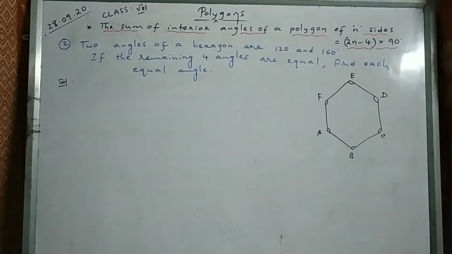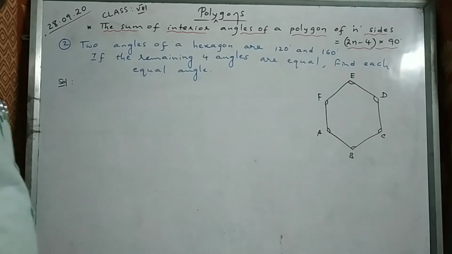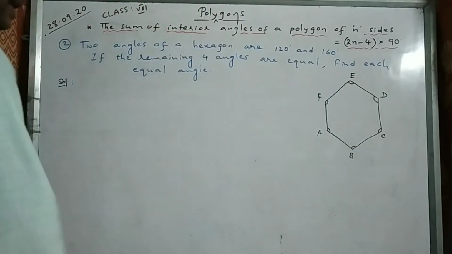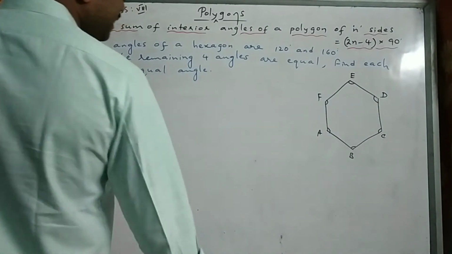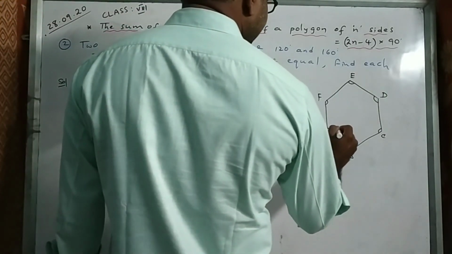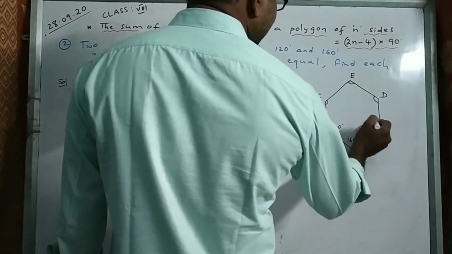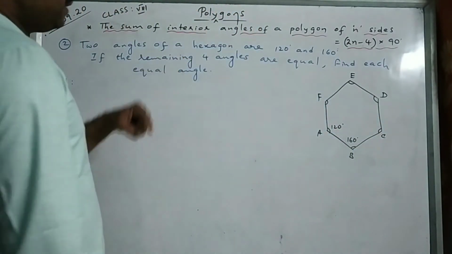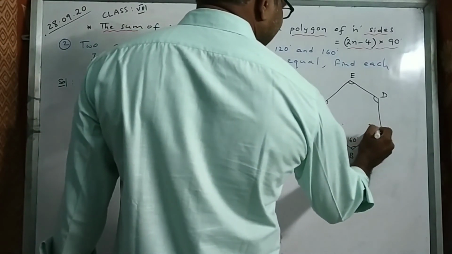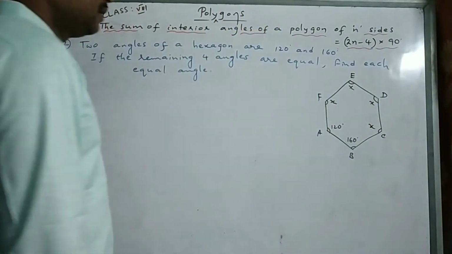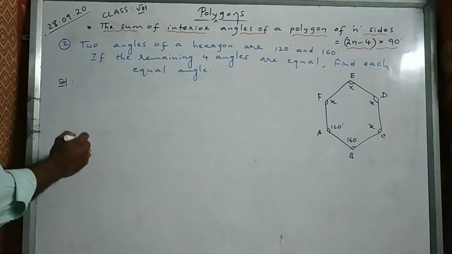It is not regular. A regular hexagon means all angles are equal. It is not regular, so it is just a hexagon. In this I got 120 and 160. 2 angles are given, and also the remaining 4 angles are equal. I will take x, x, x, x. So we should find that x value.